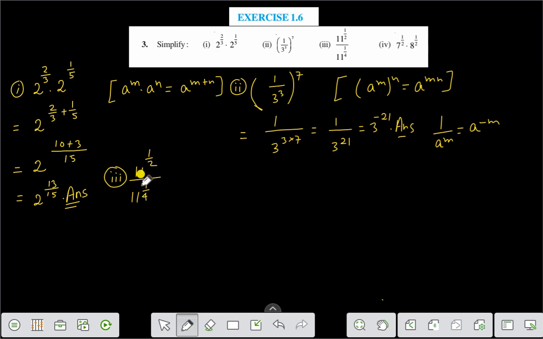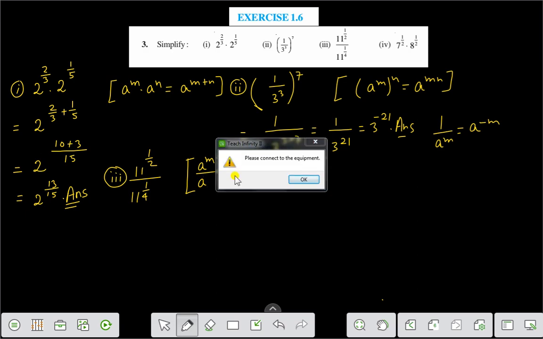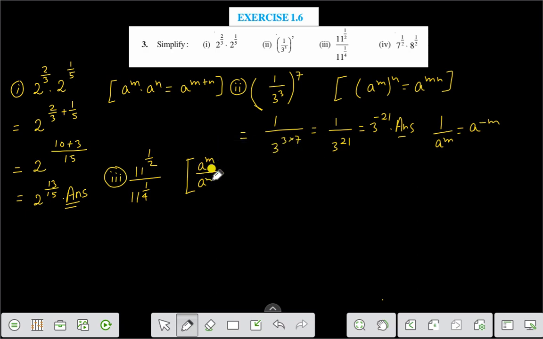Here we will use this formula that a to the power m by a to the power n is equal to a to the power m minus n. We'll use this formula.